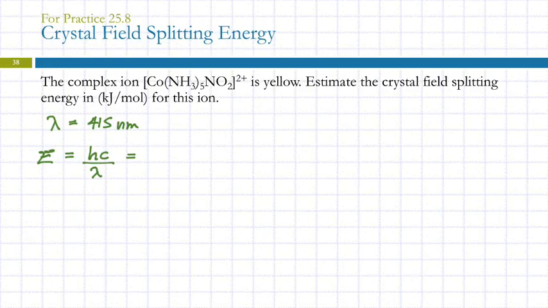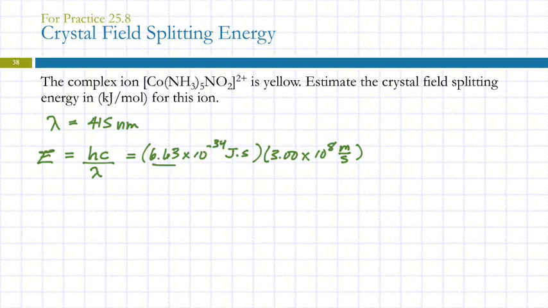That's what books are for. And the units on that are joule seconds. Speed of light is 3 times 10 to the 8th. I learned it in centimeters at some point, and that's why I tend to put the 10 in there. And that's meters per second.